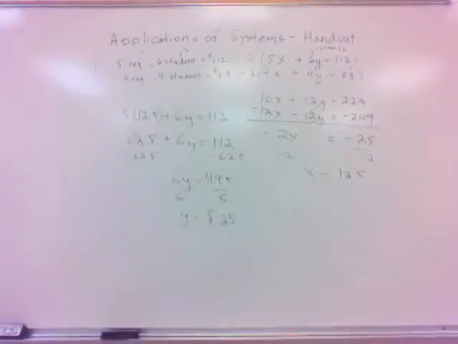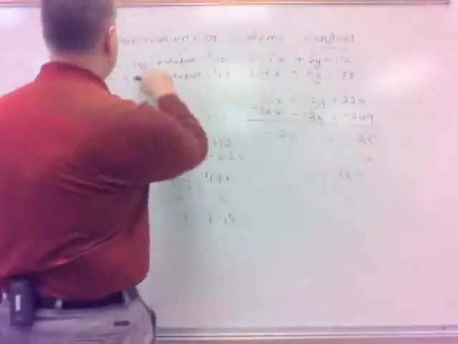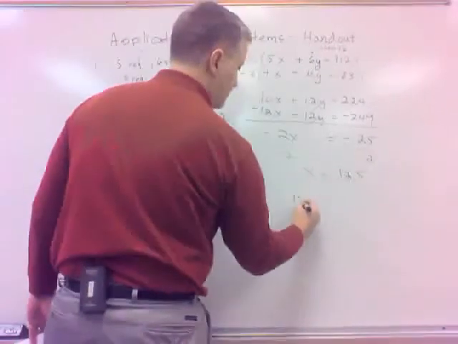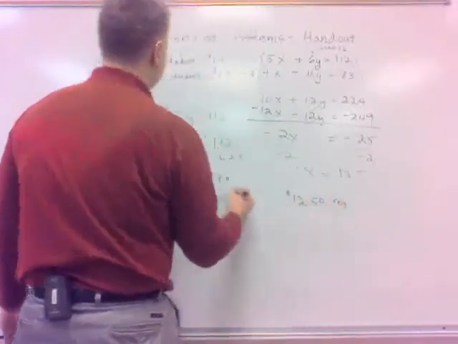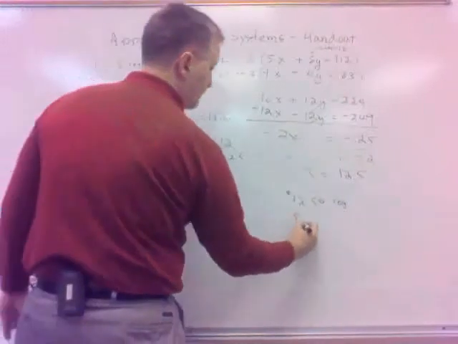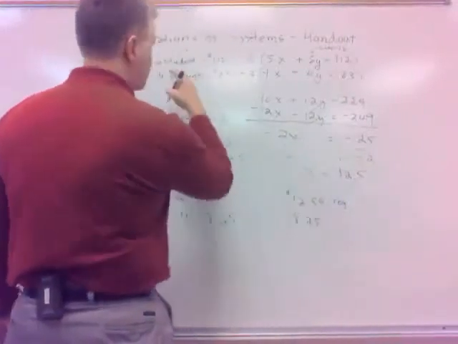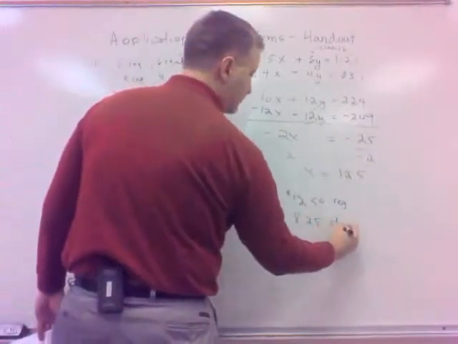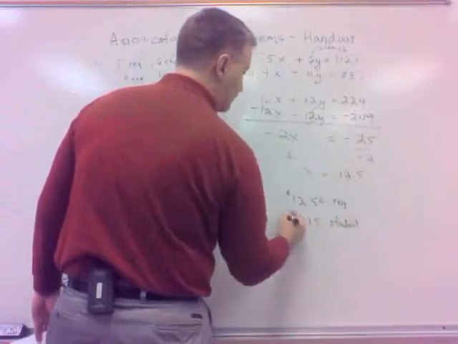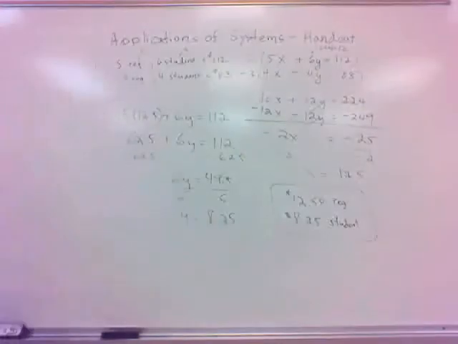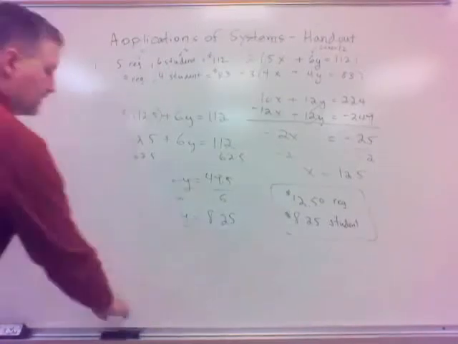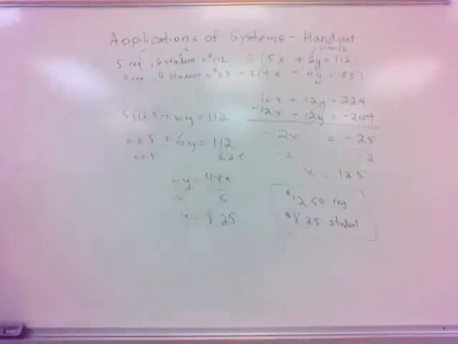So that tells me x is the regular price, $12.50, and $8.25 is the y, so that would be the student price, right? Does that sound okay? Any question or concern on number 1?